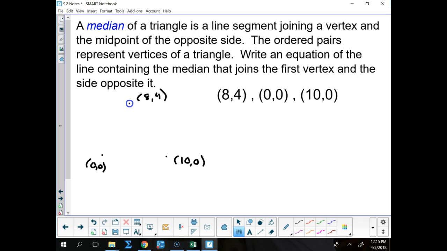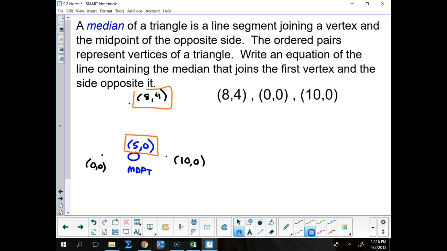Okay. So where is the midpoint to the bottom one? 5, 0. Okay. Now we need the slope of that median using the m equals y1 minus y2 over x1. So the slope formula? Yeah. Okay, so I'm going to use a slope formula between this point and this point, right?